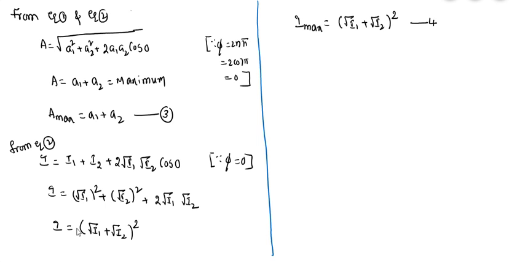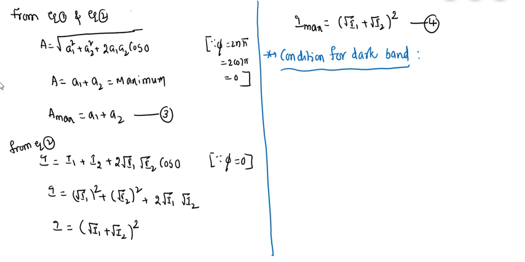This is equation 4. The next condition for the dark band we write. Condition for dark band, that is destructive interference. Condition for the dark band means the phase difference should be equal to, what is the condition? Phase difference, how much should it be?